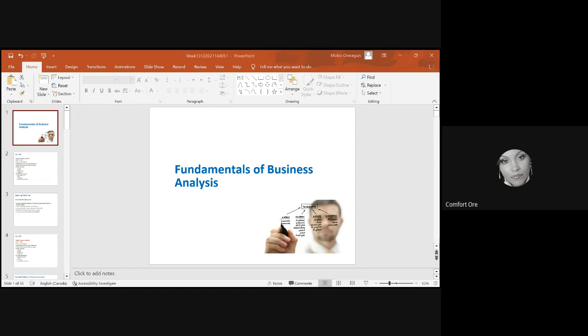The organization structure and your role or your positioning as a business analyst, the software development and methodologies, the concepts, so the domain, solution, the requirements, and the stakeholder, BABOK methodology. So that's the Business Analysis Body of Knowledge, BABOK methodology.